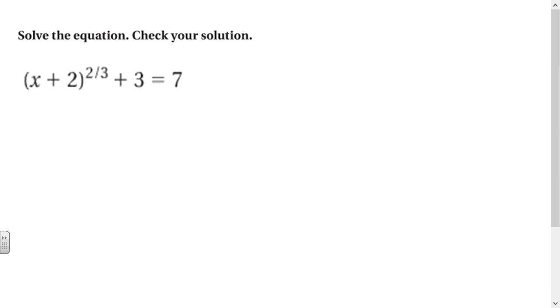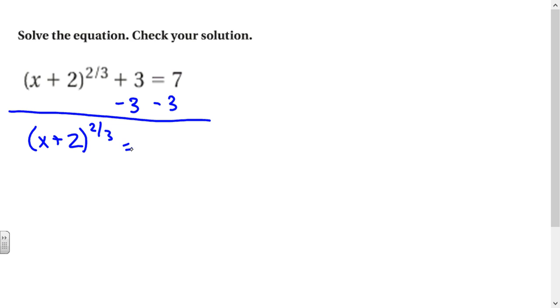All right, last example. Okay, this time we have a rational exponent. So we need to make sure first that the exponent is by itself before we try to cancel it out. And so we need to cancel out this plus 3. So we're going to subtract 3. And so we have (x plus 2) to the 2/3 equals 4.